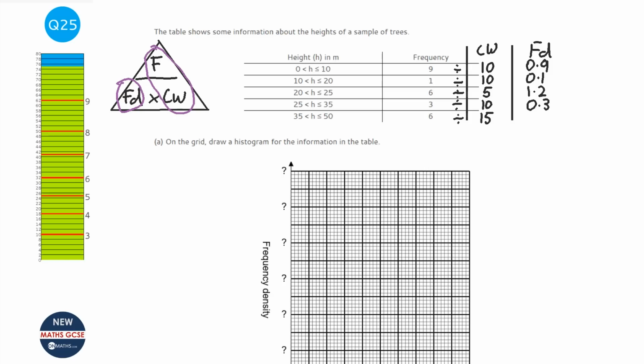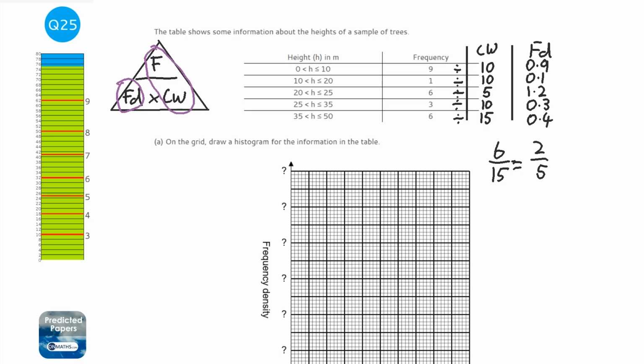And 6 divided by 15. Well, if I've got a calculator, it's easy, but here I can divide top and bottom by 3, so that's 2 over 5. So that's 2/5, which is 0.4.